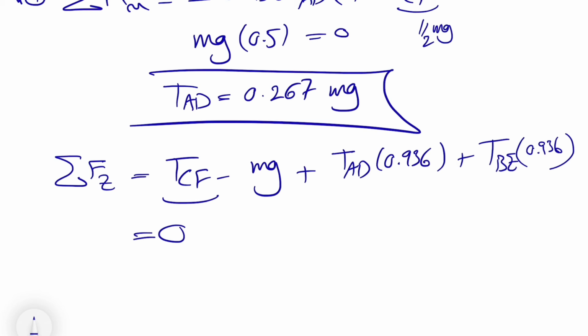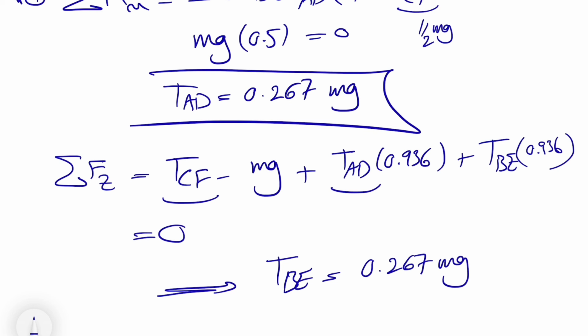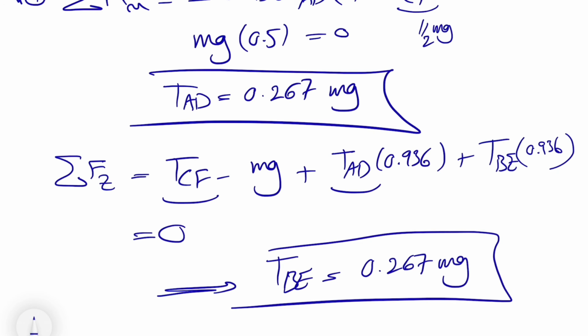We know each of TCF and TAD from the previous step, and if we do that, we'll get TBE equals 0.267 mg, which is what we had for TAD. And that would be the final answer for this question.